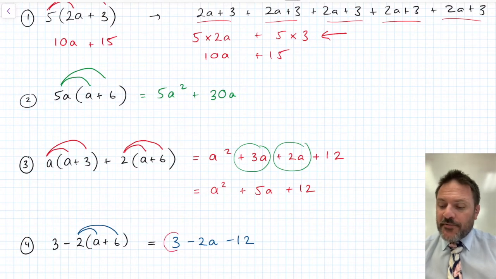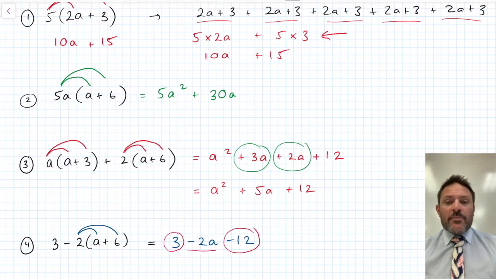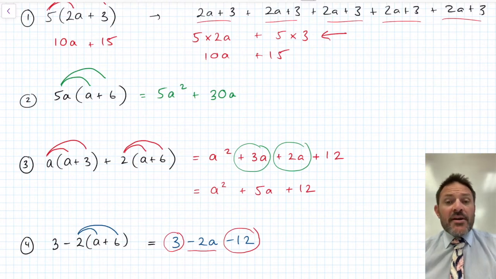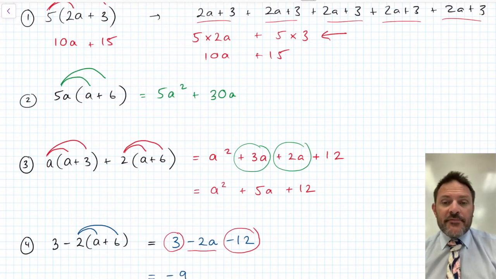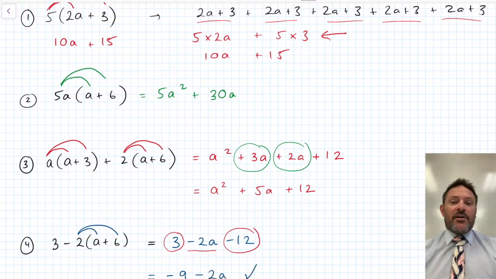We have a positive 3, we have a negative 12, and I've just got 1a in the middle. Well, a negative 2a in the middle, but certainly one set of variables in the middle. So I'm going to do the numbers first, the constants. 3 subtract 12, that will be negative 9, I believe. And then we have a minus 2a, and that is my final answer.